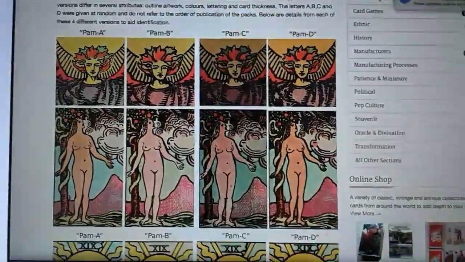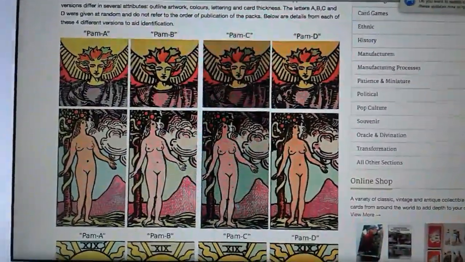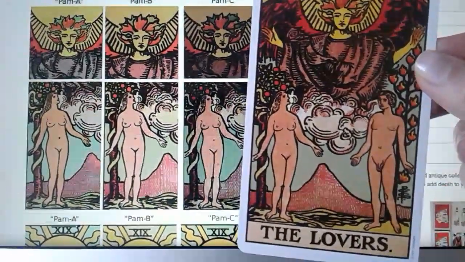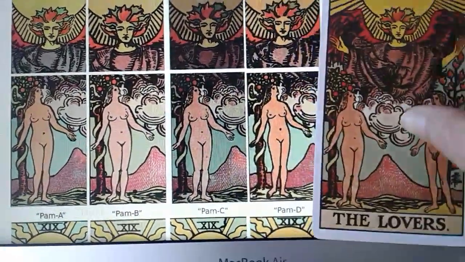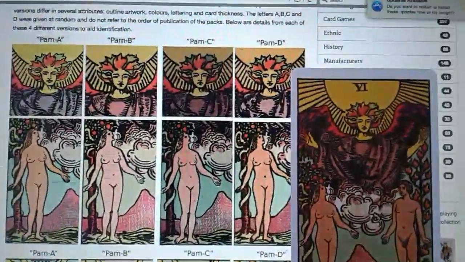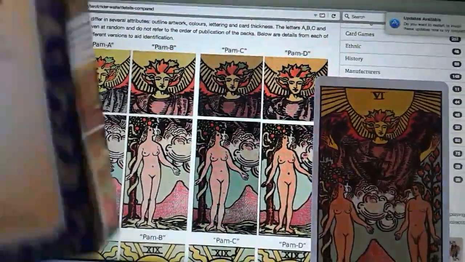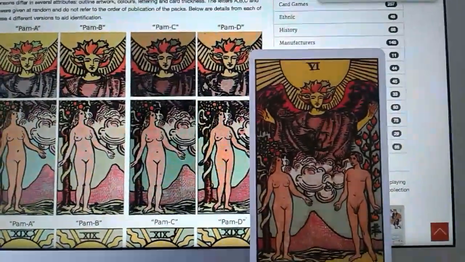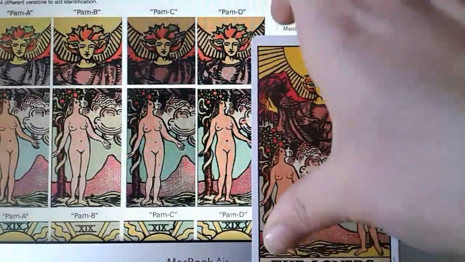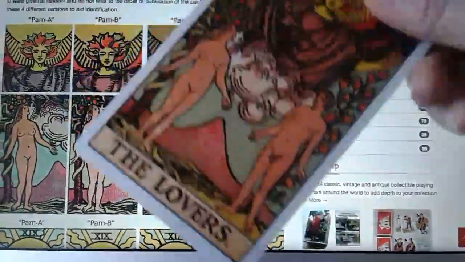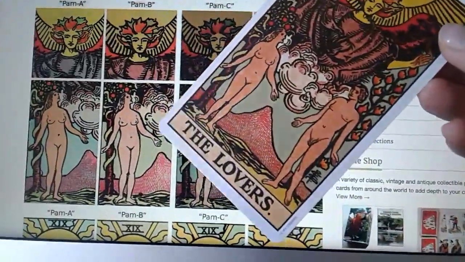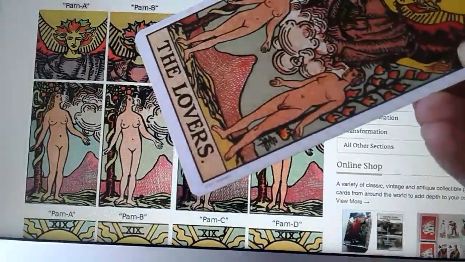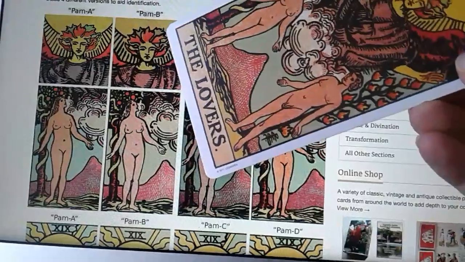Now I have with me also what I would use as a proxy for US Games images, because this is the quote-unquote original, the one that we are most familiar with, the one that is most widely available, this one here. Although I do not believe this is by US Games, I am using this image from that deck as US Games' image, because there's a small 1971 US Games copyright there.